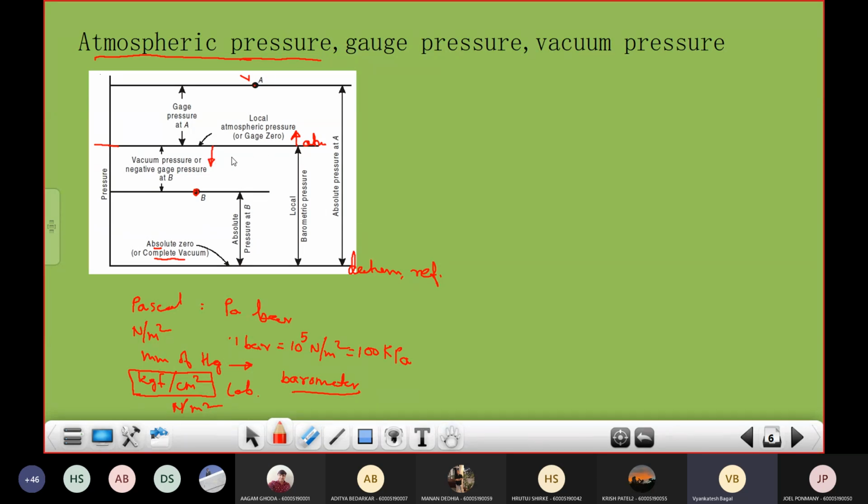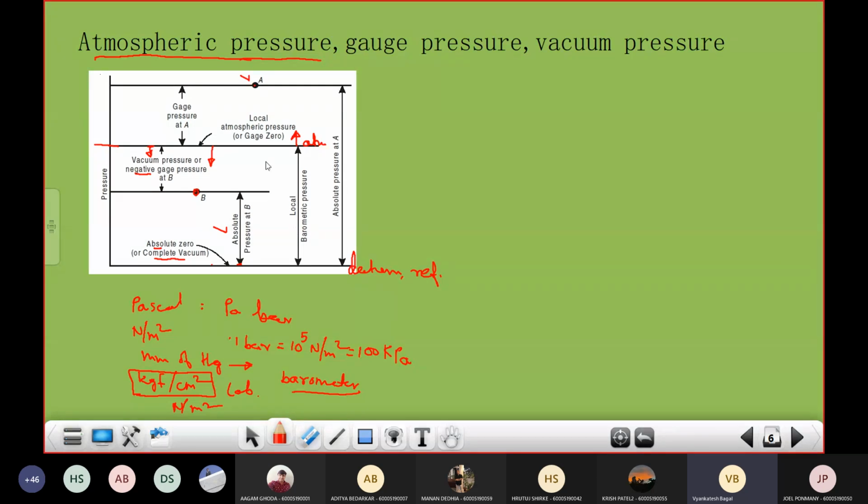Now, if I am measuring the pressure at point B with respect to absolute zero, then that pressure will be called absolute pressure at point B. The reference line is from here. Let us say if I am measuring the pressure at point B with reference to atmospheric pressure, then the pressure at B will be called the vacuum pressure or negative pressure with respect to your atmosphere.